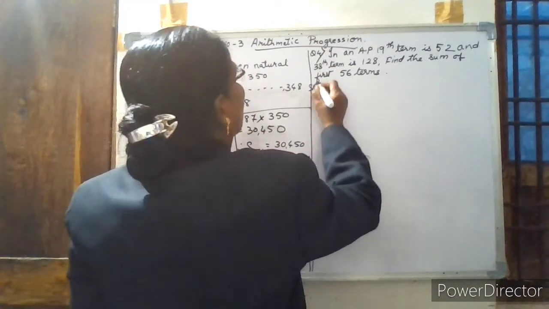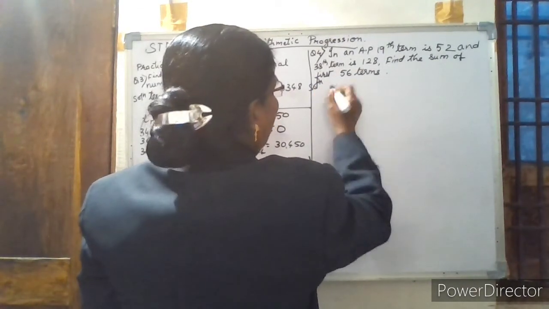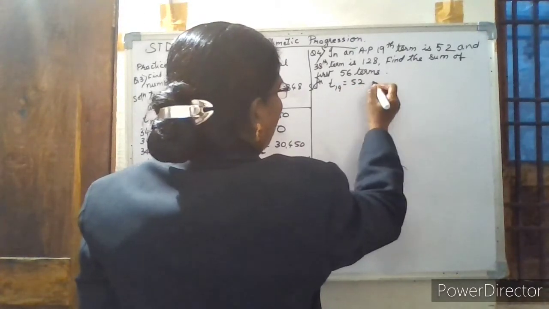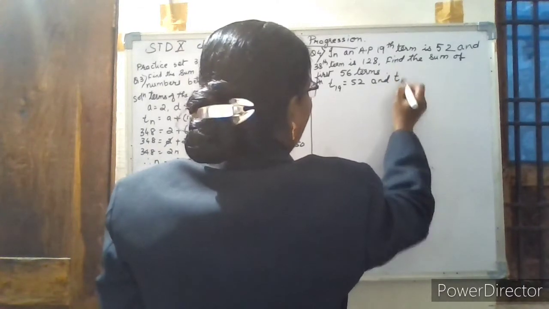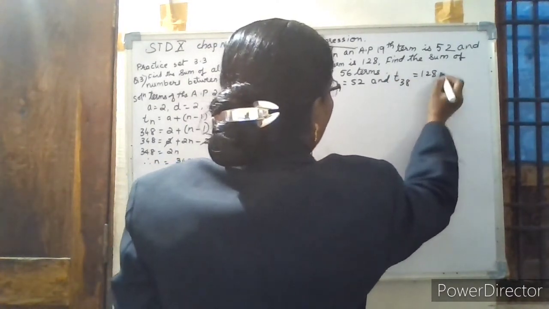So what is given is that the 19th term is equal to 52 and the 38th term is equal to 128.